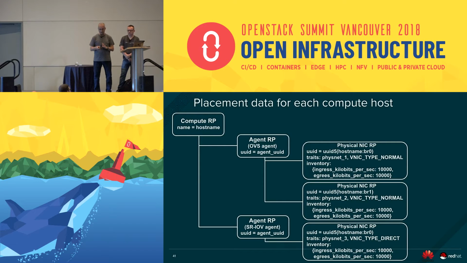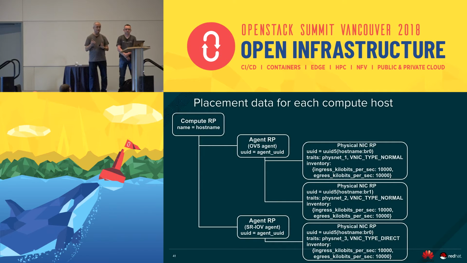So we are going to associate with each backend the NICs that it is managing for the user. And underneath those, each one of those resource providers is where we are going to add the bandwidth inventory. As you can see, you have an Ingress inventory and an Egress inventory in each one of those leaves in the tree.